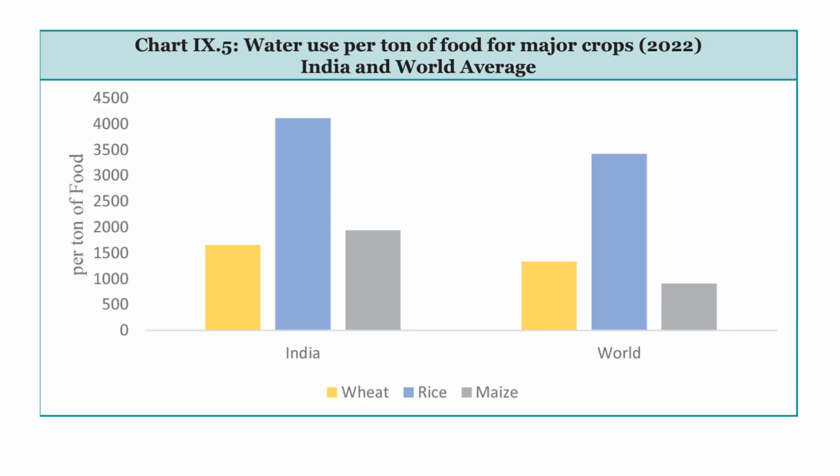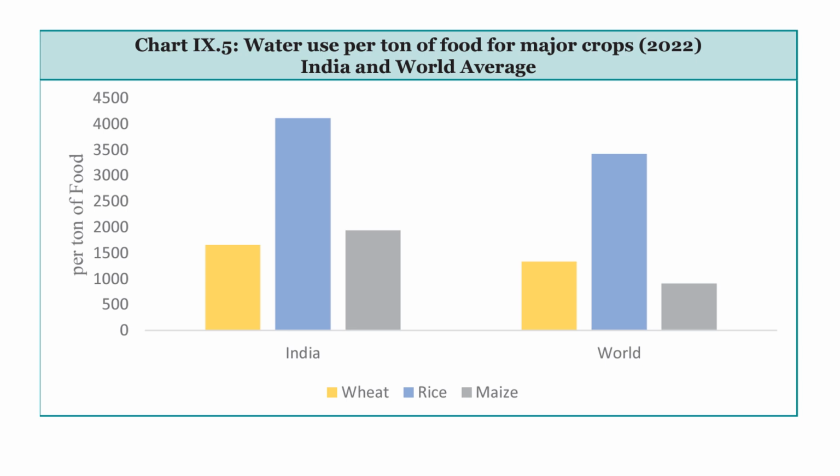Very interesting comparison: water use per ton of food for major crops, India and world average. You can see here left side India and right side world. Comparison amongst wheat, rice and maize. First one, wheat around 1500 per ton of food.